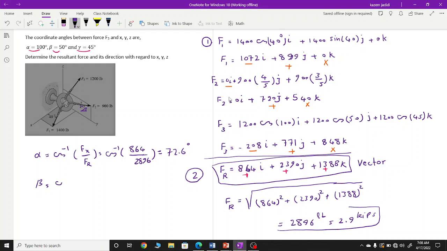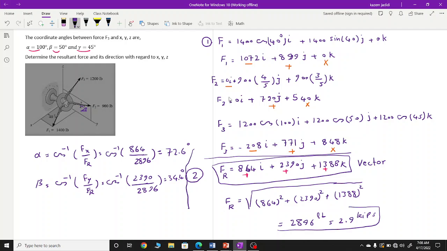Beta is cosine reverse of Fy divided by FR. Some places they call this cosine reverse arc cosine, which is pretty much the same. 2390 divided by 2896, and it's equal to 34.4 degree.